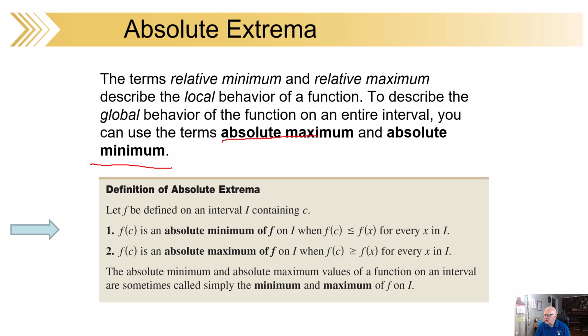So here's the definition. It's an absolute minimum if this value of f, that's the y value, is less than everything else on that interval. It's a maximum if it's greater than or equal to all the other values on that interval.